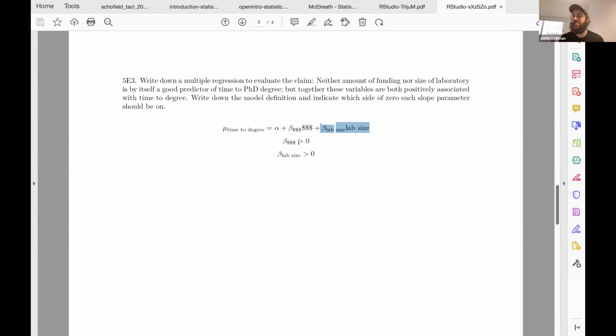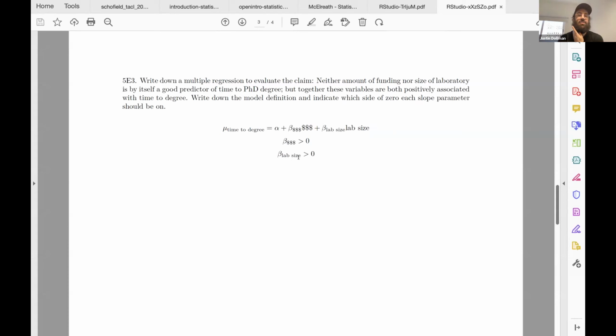I mean, one thing I thought you were going to say, Ken, is actually, I don't know how this situation is possible. That's another thing I was going to say. So from very limited experience, it seems like funding and laboratory size would be positively correlated. So if these two variables are pairwise positively correlated, both are positively associated with time to degree, which is stipulated in the question, which is a relationship that I don't really understand.